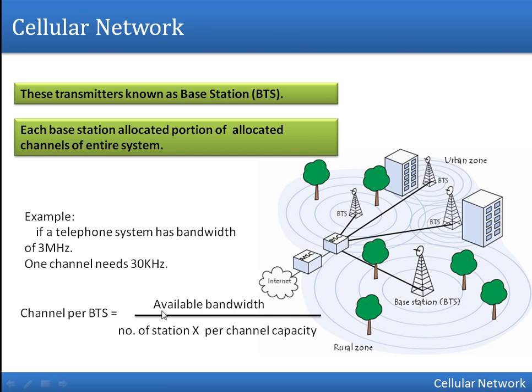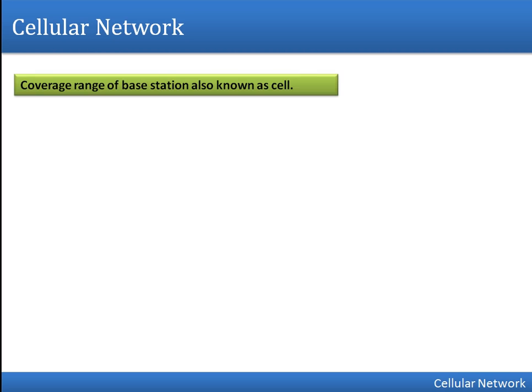The formula for that: available bandwidth divided by number of stations. It will give us the frequency amount which is allocated per cell. Now how much frequency is required by one channel? If that is available, we will divide the allocated frequency in one cell by that number, and it will give us the number of channels per cell.